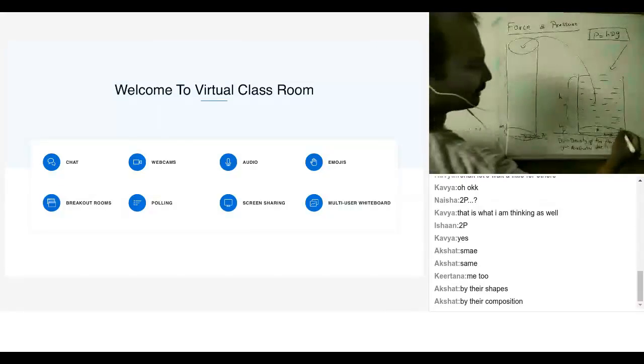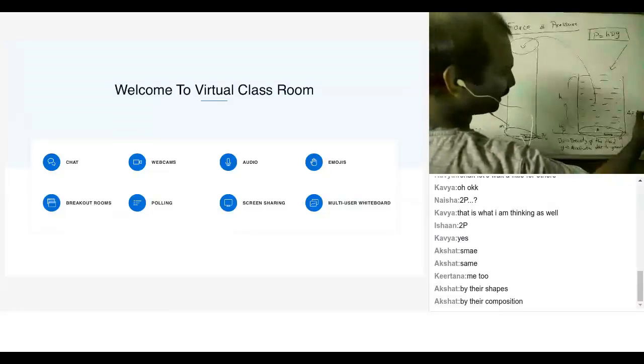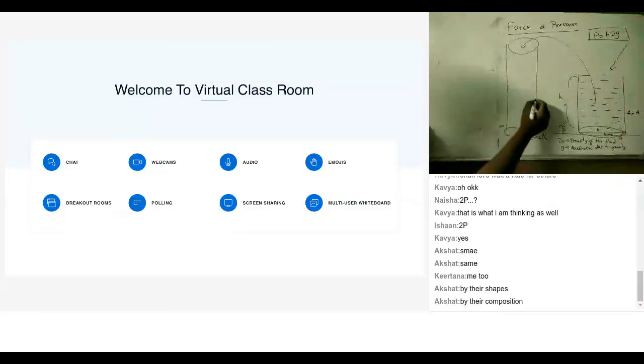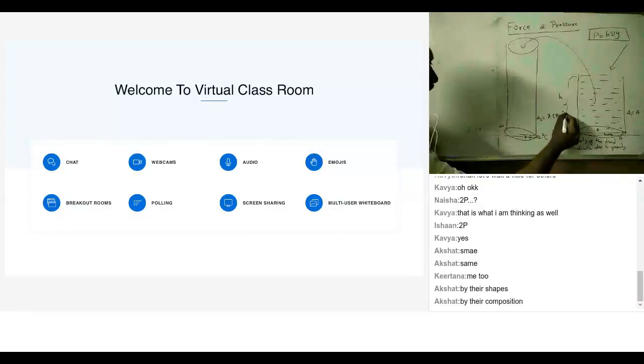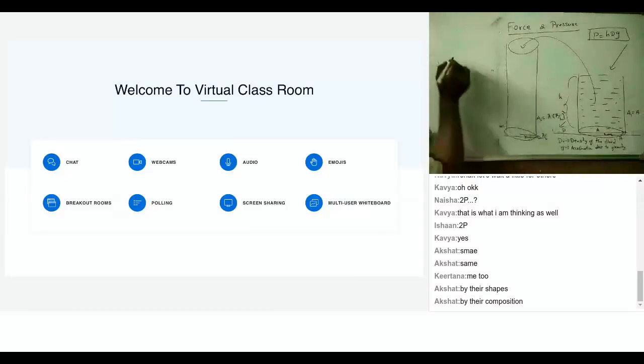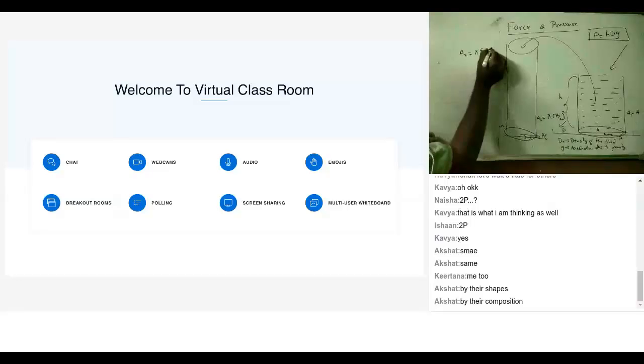Now I'll take this. Let's say area of base here is A1. A1 is A. Let's say area of the base here is A2. A2 is how much? Can I write pi into R by 2 whole square? What is the radius of the base? R by 2. So A2 equal to pi into R by 2 whole square.